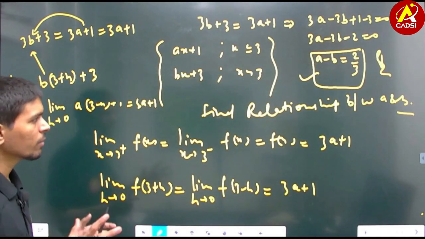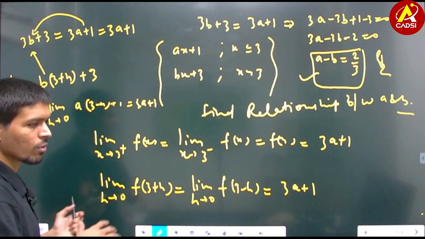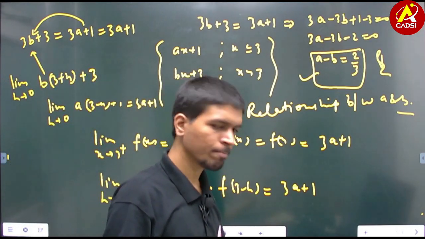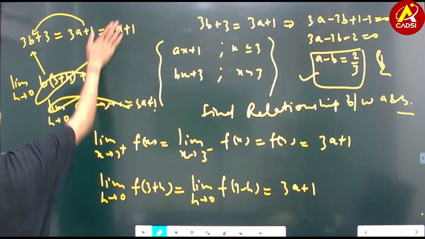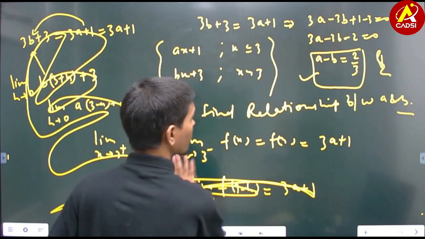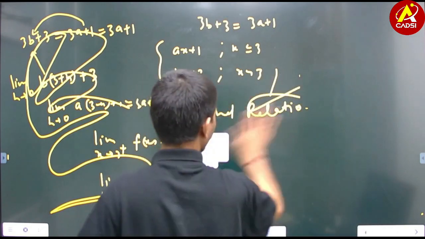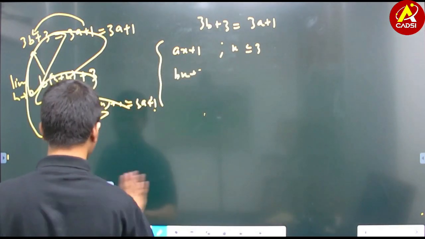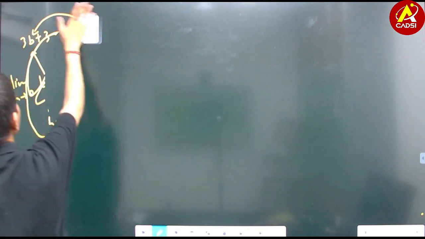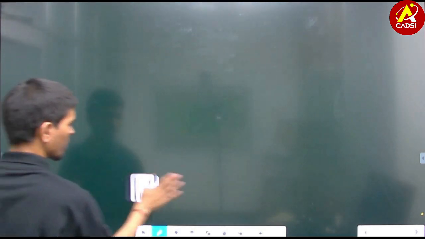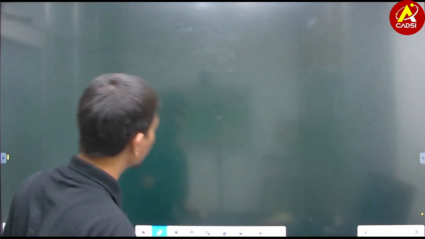So this is the concept of continuity of a function at a particular point, and we have also seen the concept of the limit of a function at a particular point. Okay, so now differentiability.